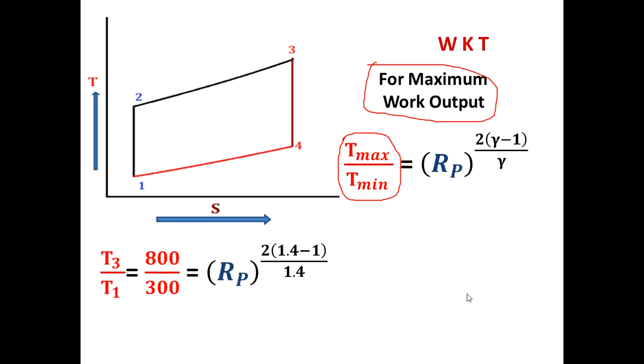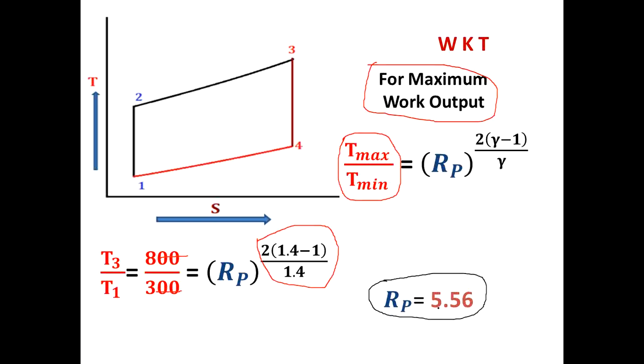For an ideal cycle, gamma is 1.4. You know that 1.4 minus 1 divided by 1.4 is 0.2857. Multiply with the 2, then you will get the Rp value, which is 5.66.